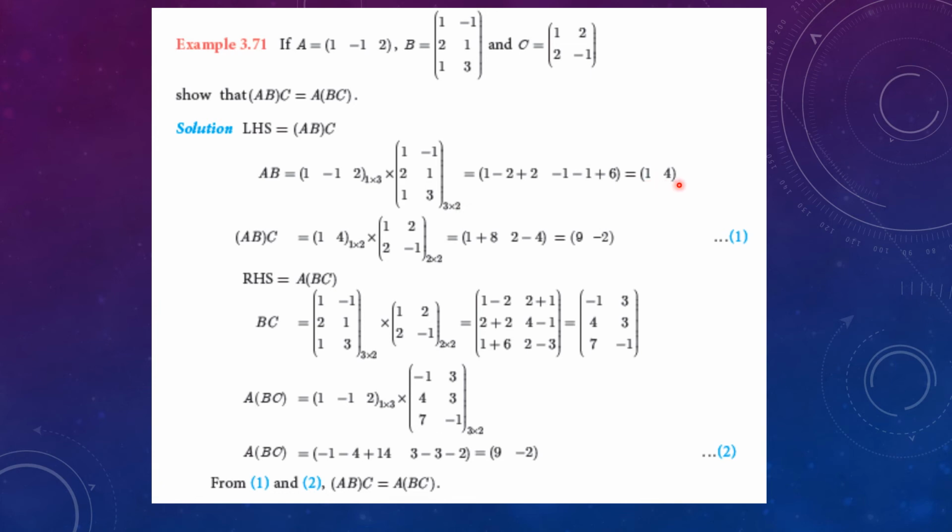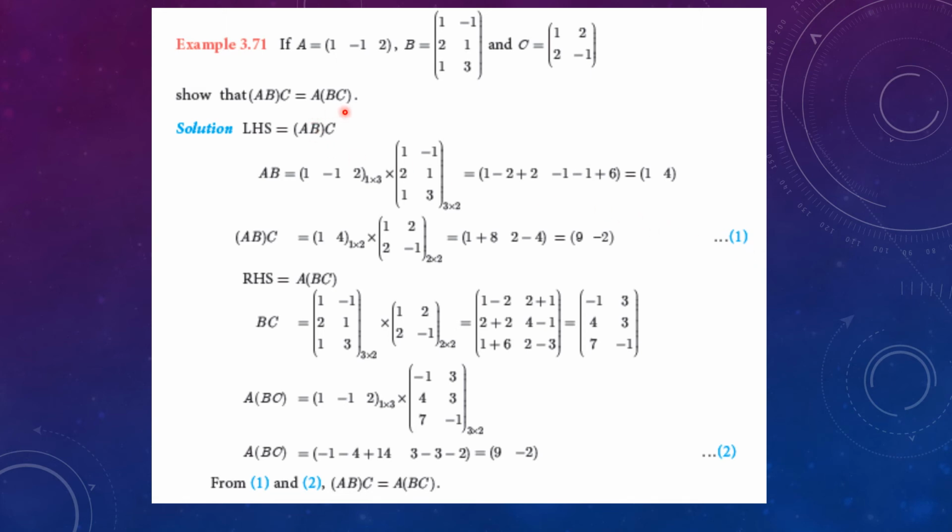Yes, we are getting a 1 cross 2 matrix. Next, here (AB) into C means the answer from AB multiplied with the C matrix. Then we will get a 1 cross 2 matrix. Then you have to mark that as 1.